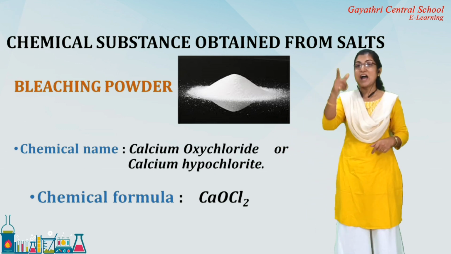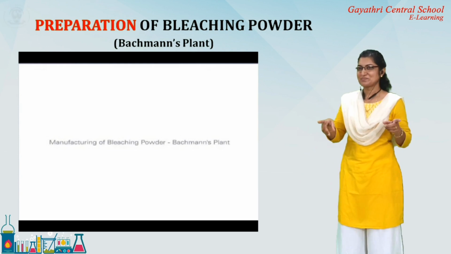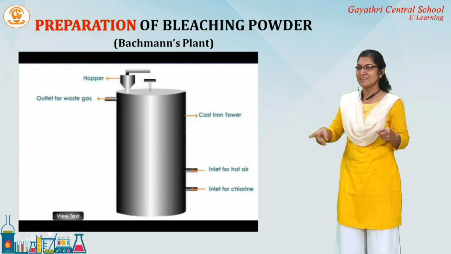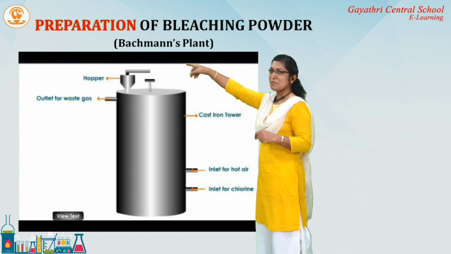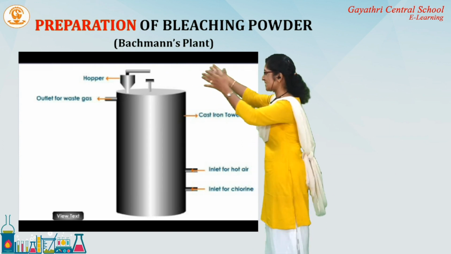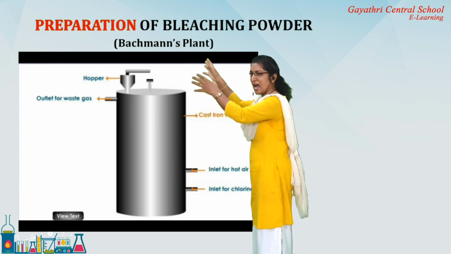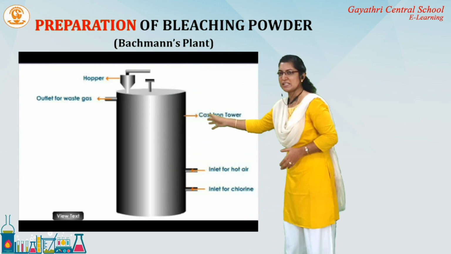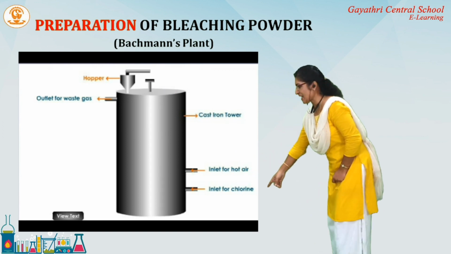Now, do you know how it is prepared? Do you want to see the preparation? It is prepared using Bachmann's plant. This is a whole plant made of cast iron. At the bottom you have two inlet pipes.